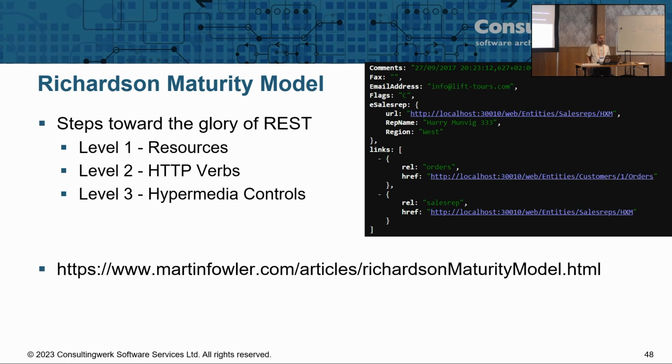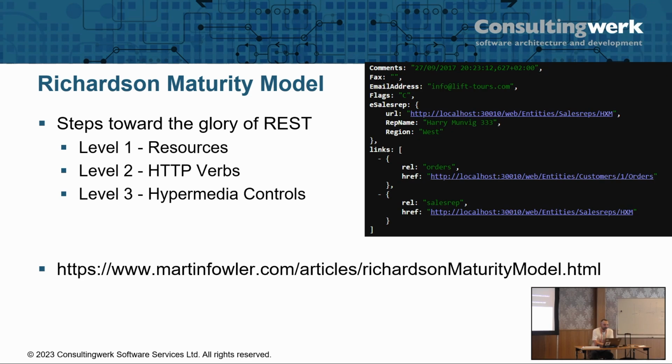So then we have the Richardson maturity model: steps towards the glory of REST and RESTful. Level 1 is resources, level 2 is HTTP verbs, and level 3 is hypermedia controls.